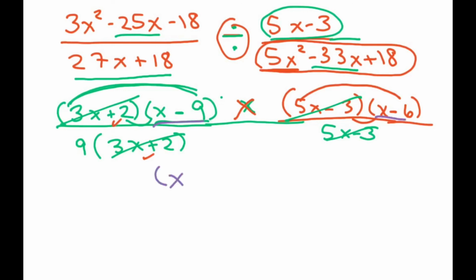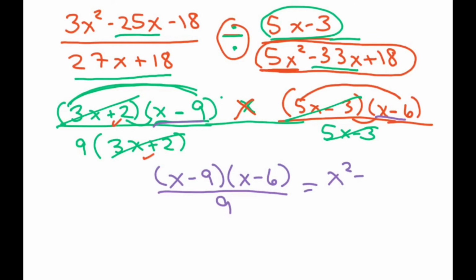So it's going to be x minus 9 times x minus 6 divided by 9. And you go ahead and FOIL this out, or condense it, so it's x squared minus 15x plus 54, all divided by 9. And that's it. Thank you. Have a nice day. Bye-bye.